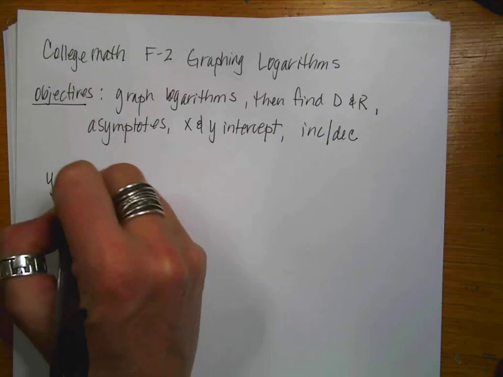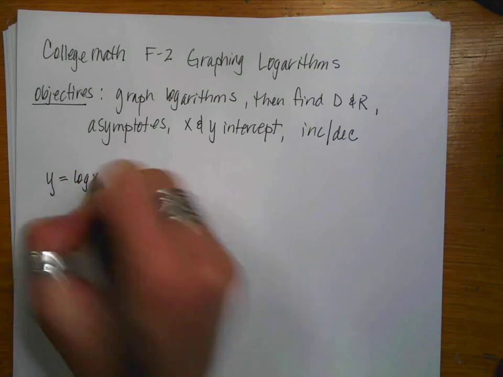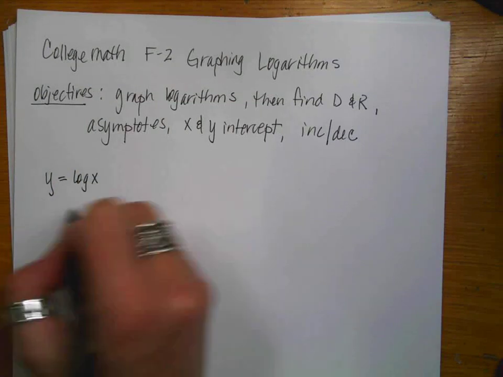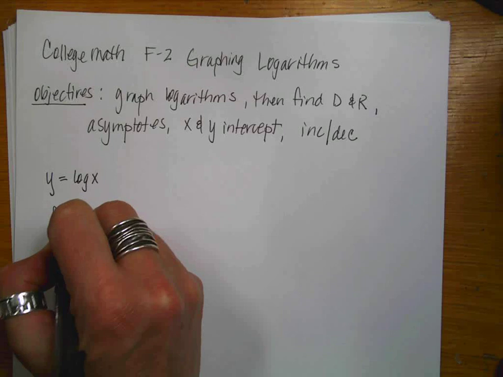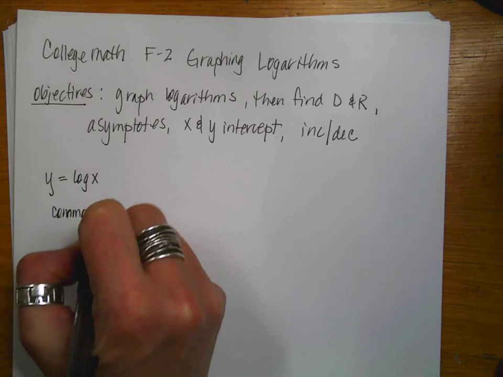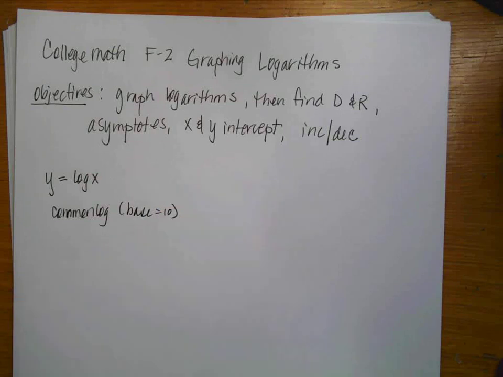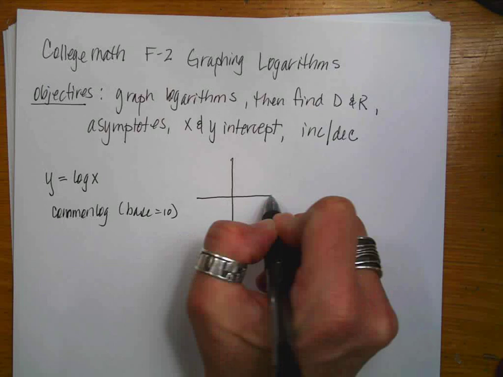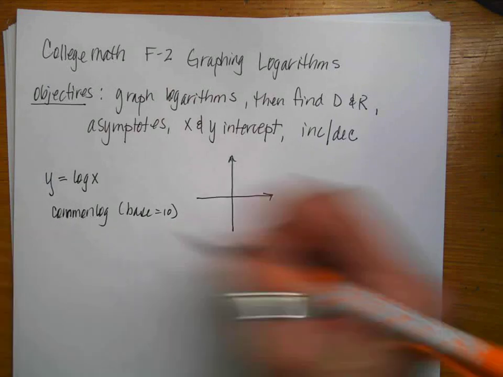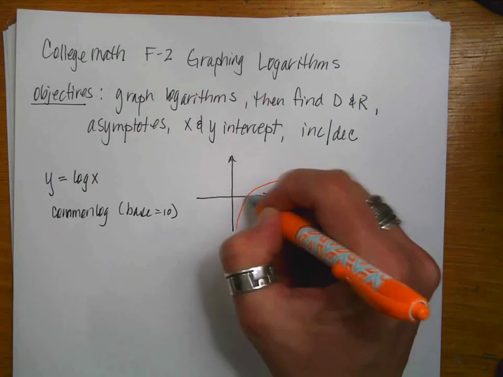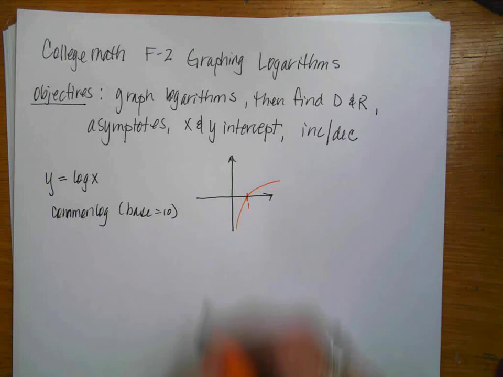So if I have the equation y is equal to the log of x, remember that this is called a common log, which means that the base is 10, okay? So if I look at the graph, here would be my axis, and then here's going to be my function. It's going to cross right here at 1.